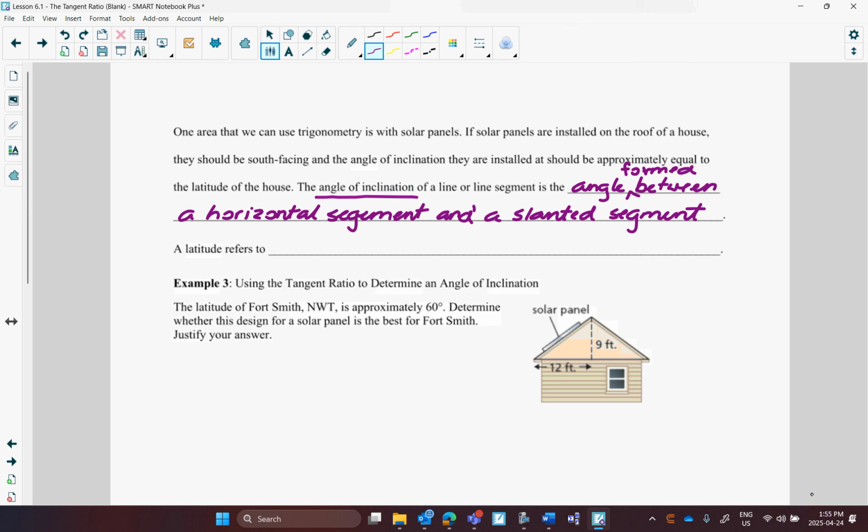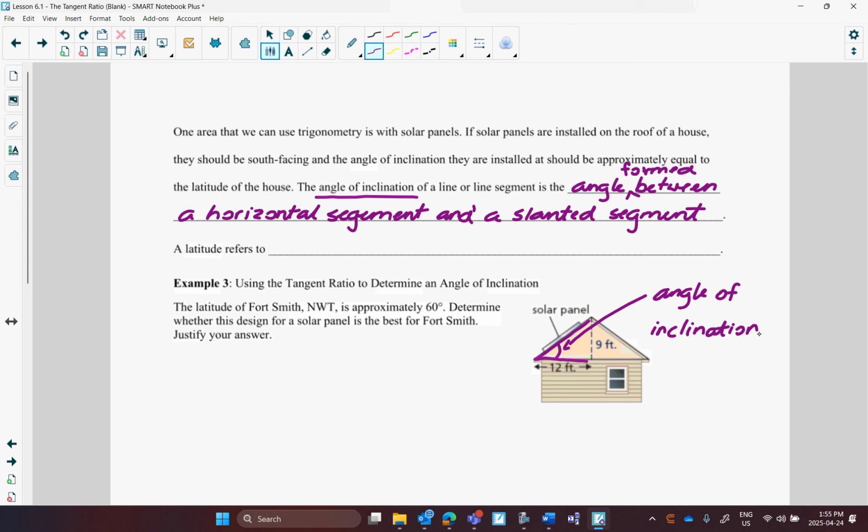For example, the angle of inclination of a house roof is the angle between the slanted part of your roof and a horizontal segment. If this angle matches the latitude of your location, you've maximized the placement of your solar panel.